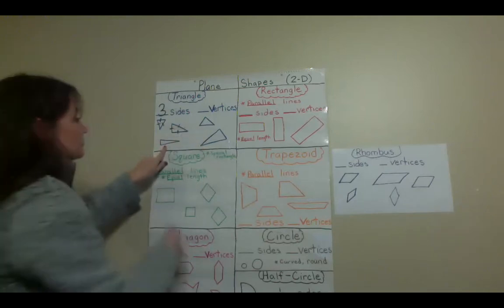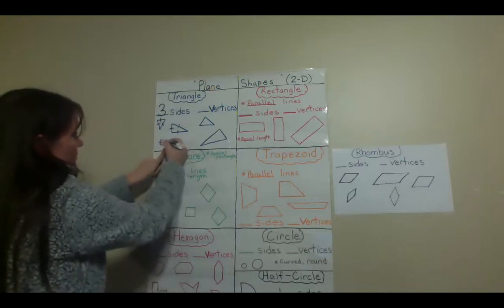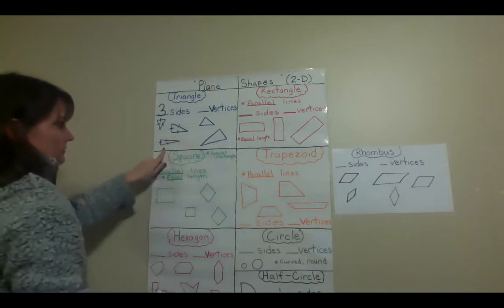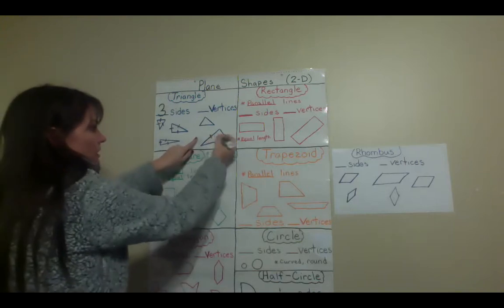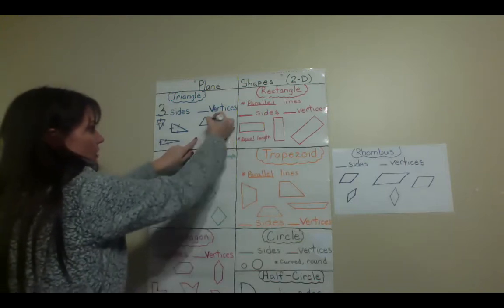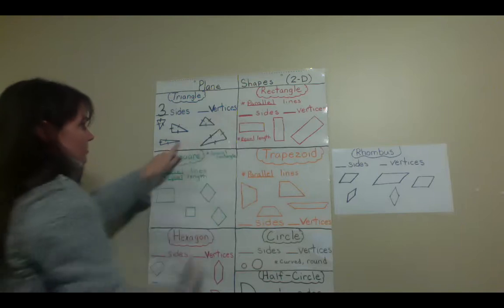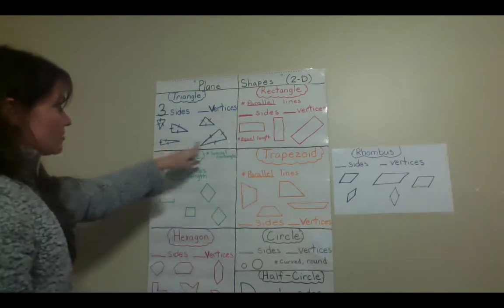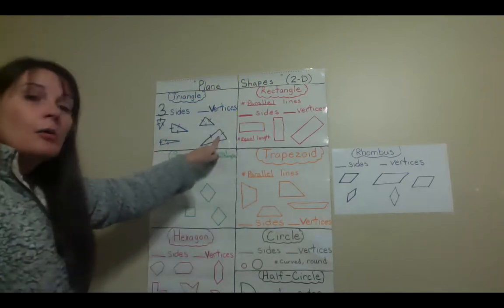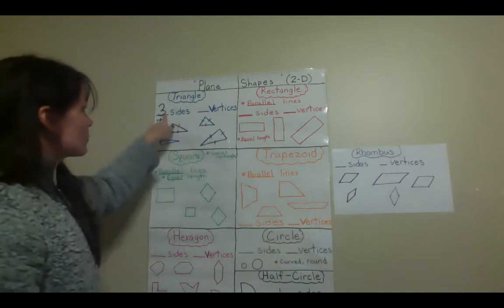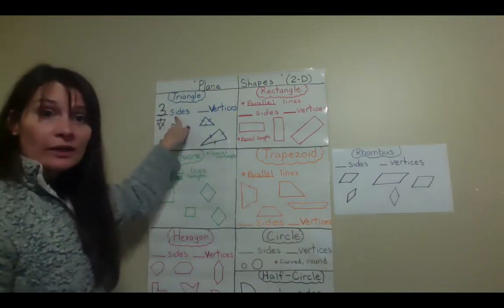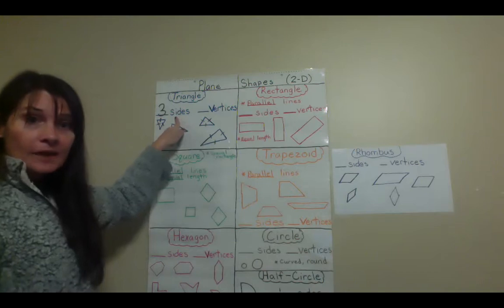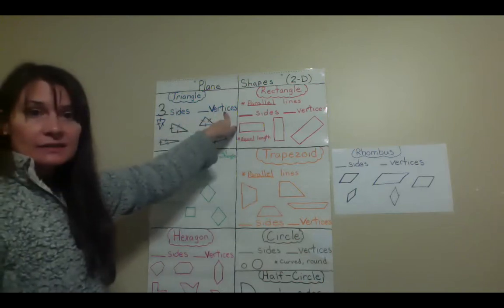Another triangle, but again, it is shaped differently than what we're used to seeing. A triangle can be large or small. It can be skinny or it can be fat, but it must have 3 sides in order to be considered a triangle. Let's look for its vertices.